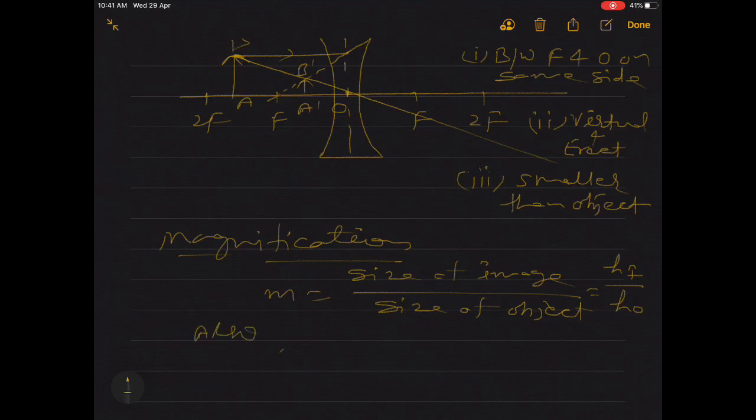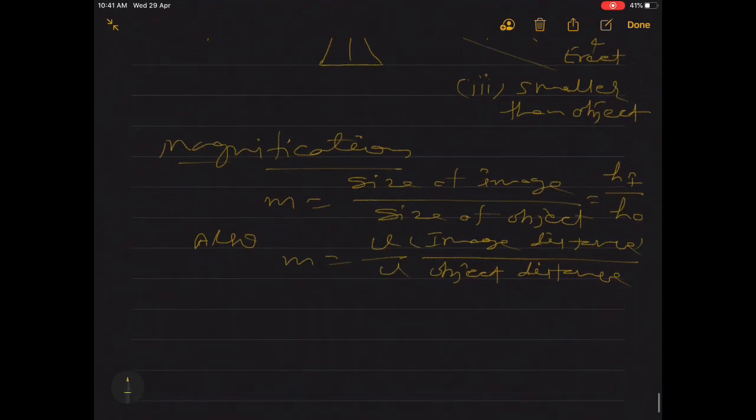Also, m is equal to v upon u, where v is the image distance upon u, the object distance.